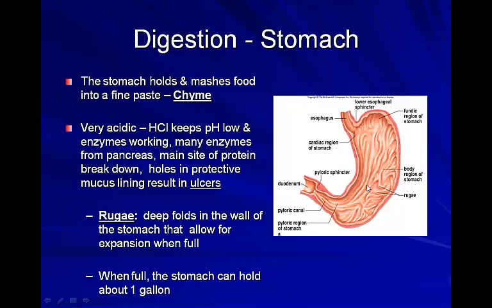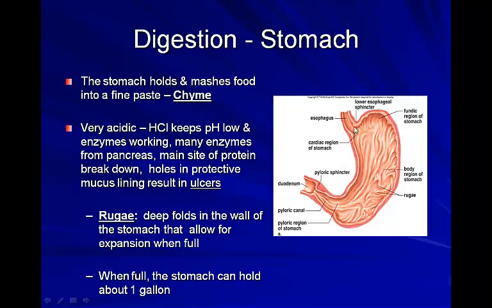And when you look at the stomach, it's very, very acidic, which is why, when that acid comes up into the esophagus, it burns. But it doesn't burn the stomach. The reason it doesn't burn the stomach is because the stomach is coated by a thick coat of mucus that protects it from that acid. And then you have a sphincter muscle here, which is just a circular ring of muscle.